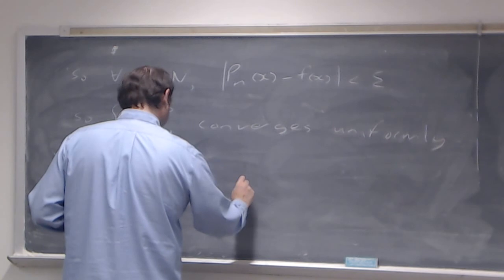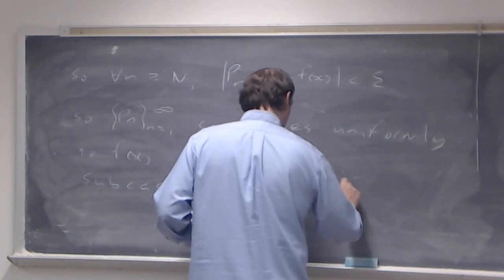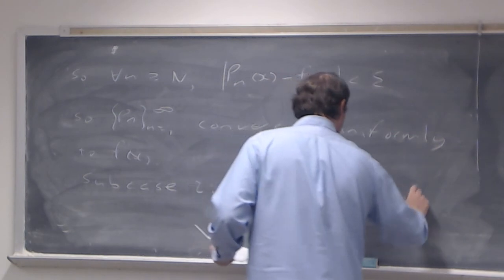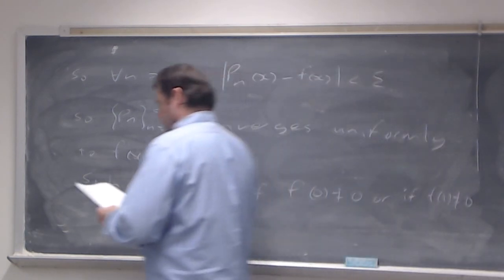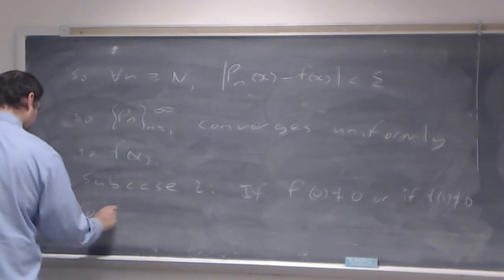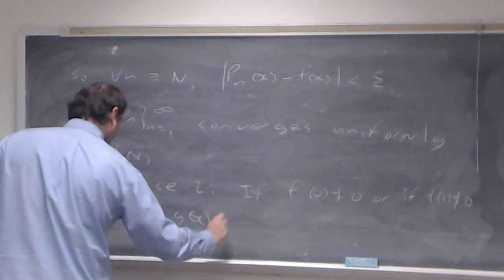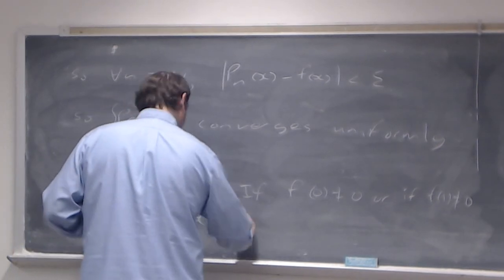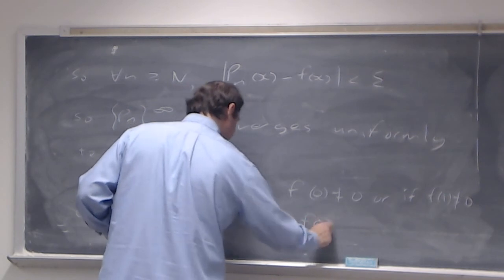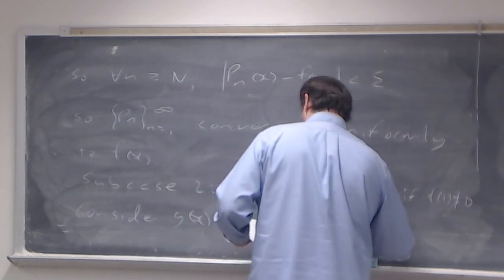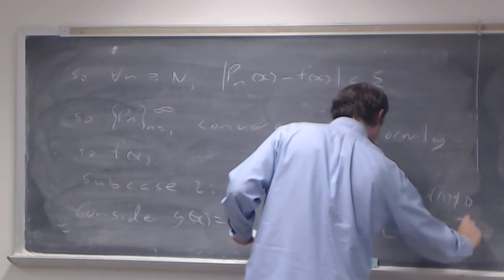So subcase 2 is if f of 0 is not 0, or if f of 1 is not equal to 0, consider the function g of x equal to f of x minus f of 0 minus x times (f of 1 minus f of 0).